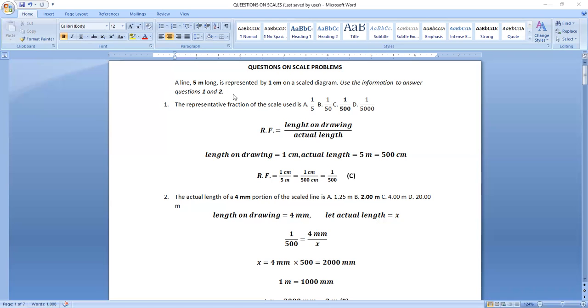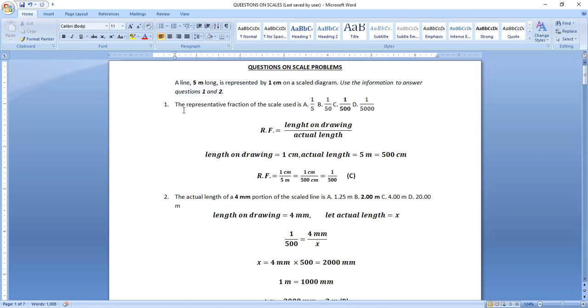Here we are going to use this instruction to answer questions 1 and 2, as we have that a line 5 meters long is represented by 1 centimeter on a scaled diagram. Use the information to answer questions 1 and 2.